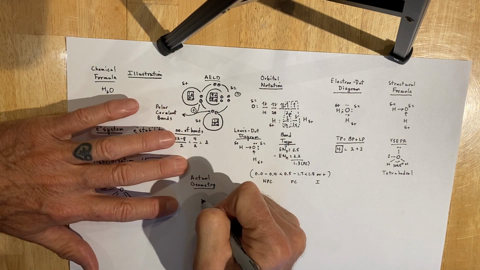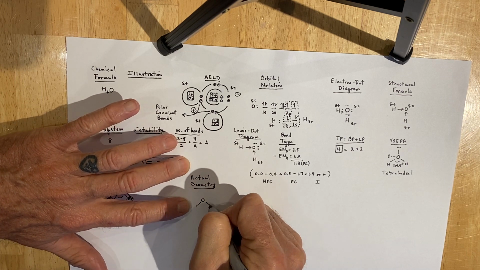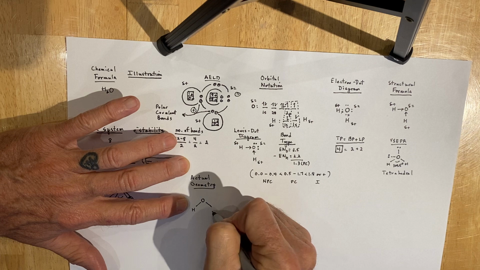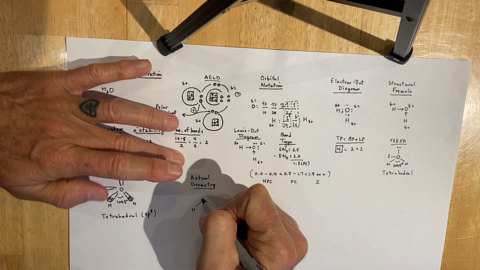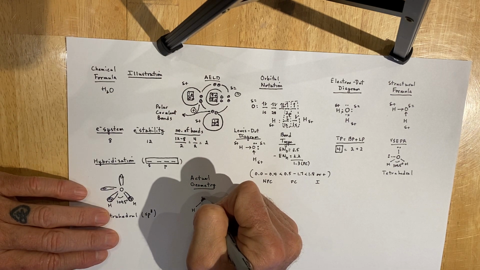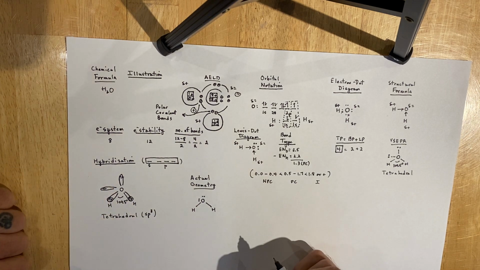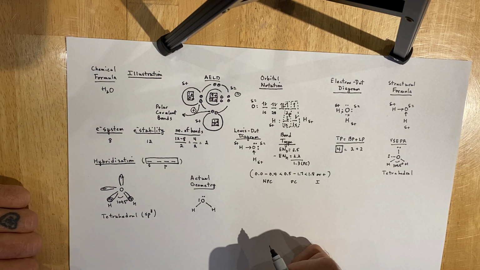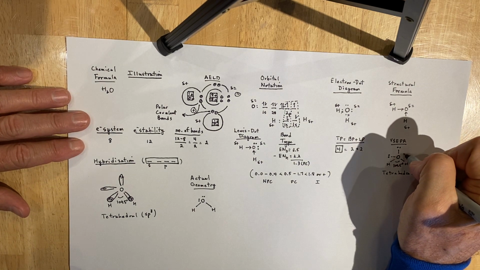So in this case, we'll draw our oxygen atom with our 2 bonded pairs of electrons, or the 2 bonded hydrogens, and then we're going to represent the 2 lone pairs.